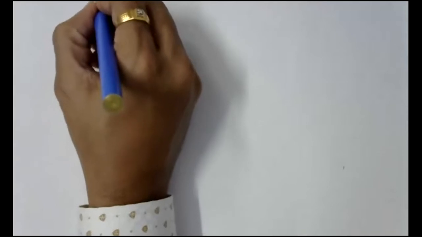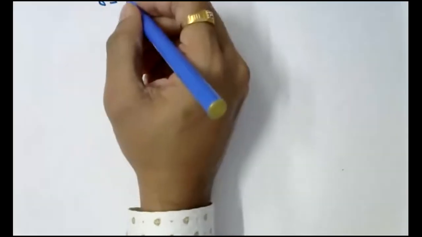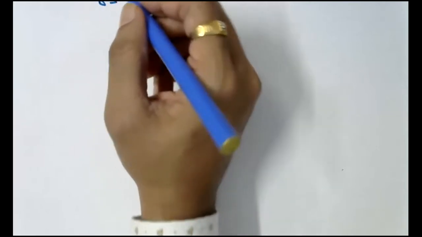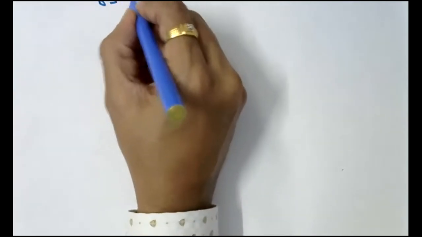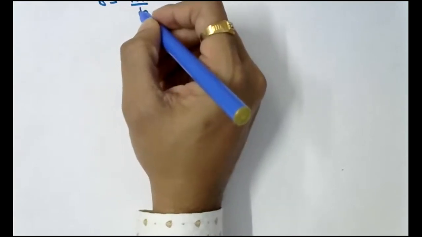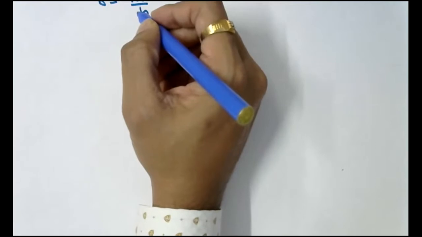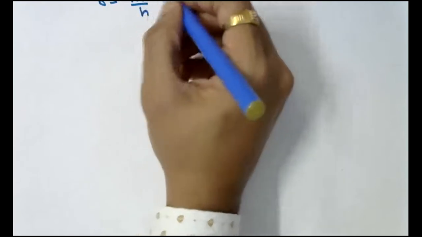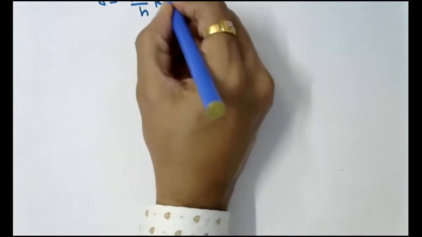So RAB is equal to, in place of this rate of decomposition, we have substituted Kt by H, and in place of CAB star, we have substituted Kc star Ca into Cb.